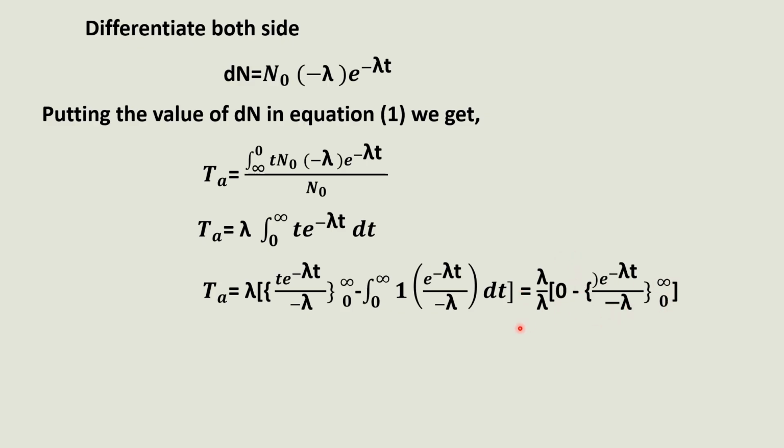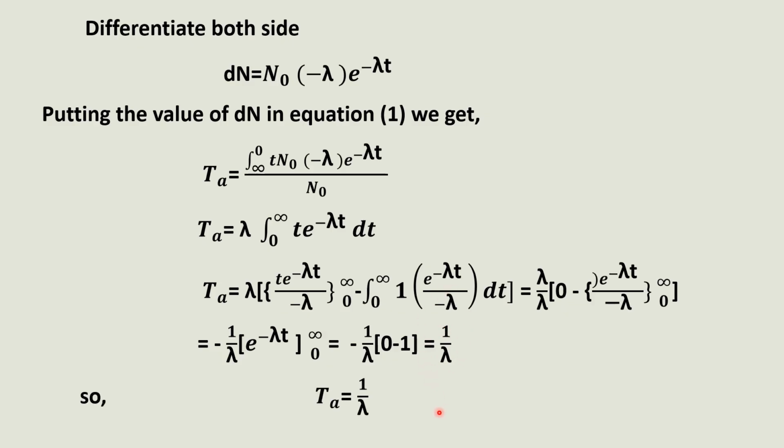So that is minus 1 by lambda times e to the power minus lambda t from 0 to infinity, which is equal to minus 1 by lambda times 0 minus 1, because e to the power infinity negative is 0 and e to the power 0 is 1. Minus lambda, 0 minus 1, so minus minus becomes plus, that is 1 by lambda. TA is equal to 1 by lambda. This is the equation for mean life or average lifetime.